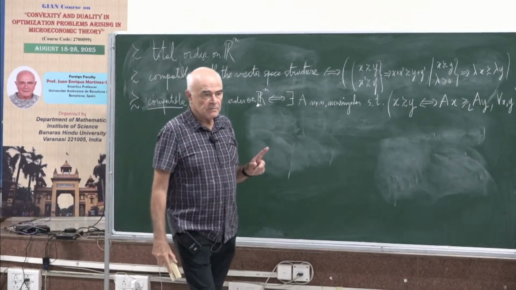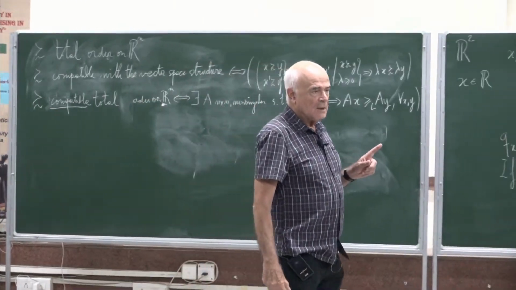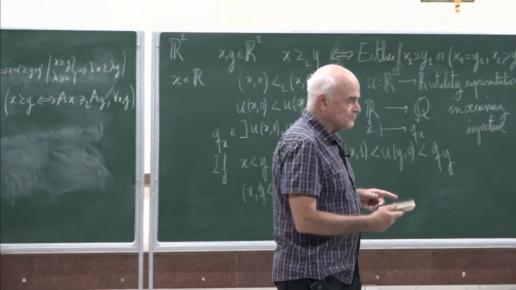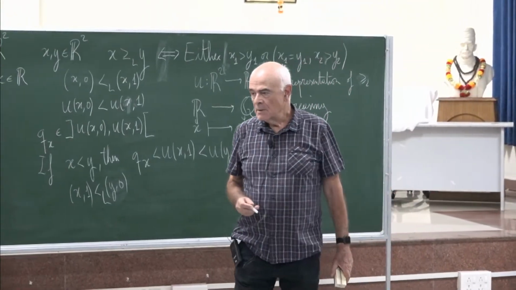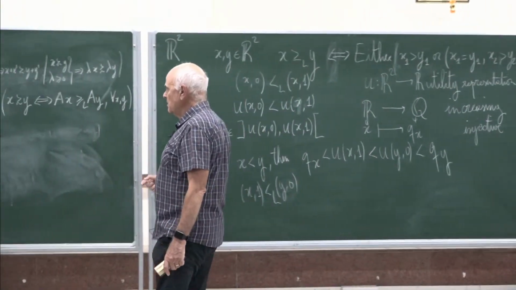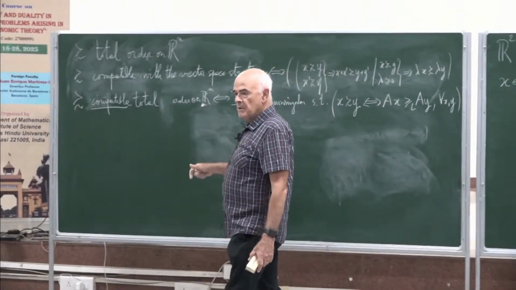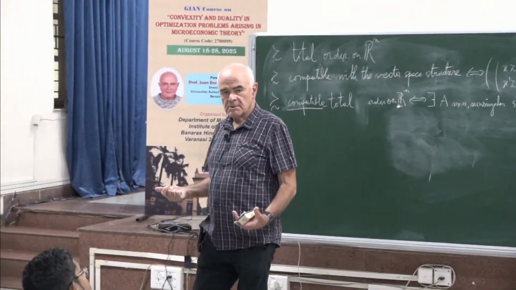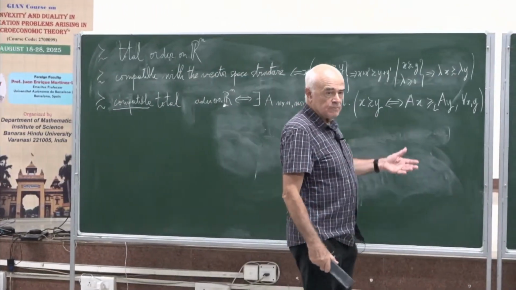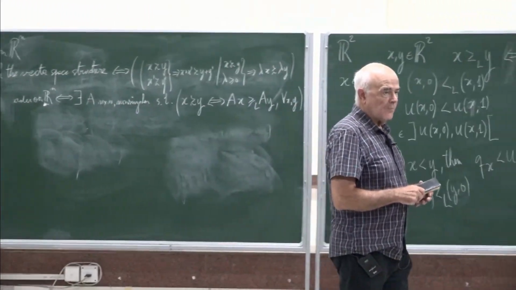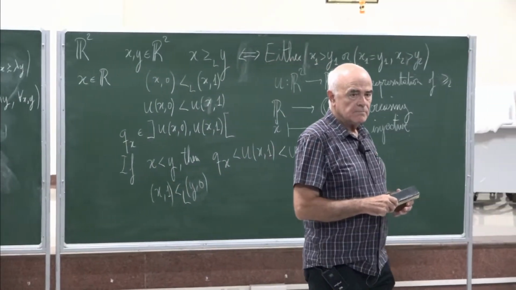This is an order, sorry. If you want a preorder, you have to change the square matrix by a general matrix, and then the same holds true. Okay?